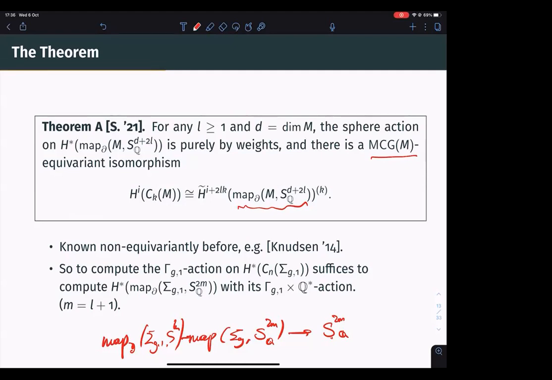They don't consider mapping class group actions, but your idea is, okay, you look at configuration space, you view that as configurations of points labeled in S0, and then S0 you can replace with an even dimensional sphere as long as you mess with the gradings, and now it's group-like, so you can do scanning. That's a trick from Bodenheimer, Cohen, Taylor's paper. Yes, that's sort of what I do too.